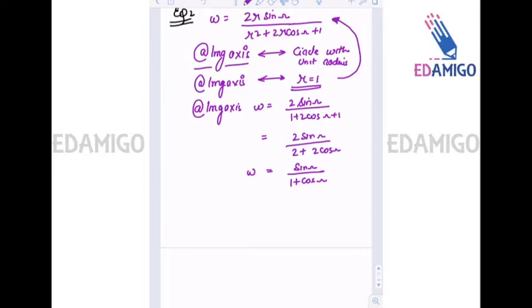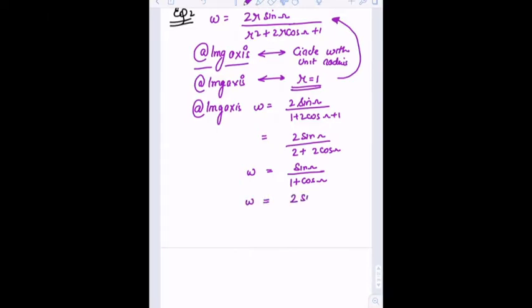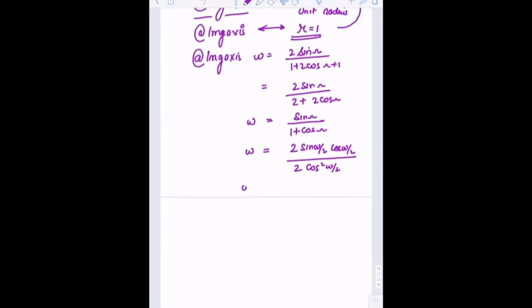Now this can be easily transformed into omega equals 2 sine sigma by 2 cos sigma by 2 divided by 2 cos square sigma by 2.